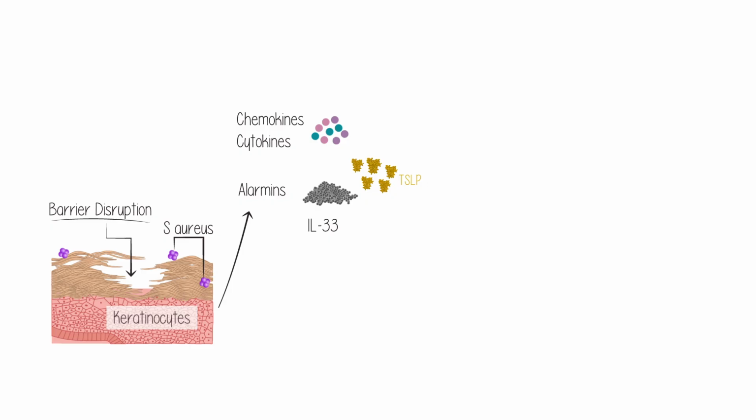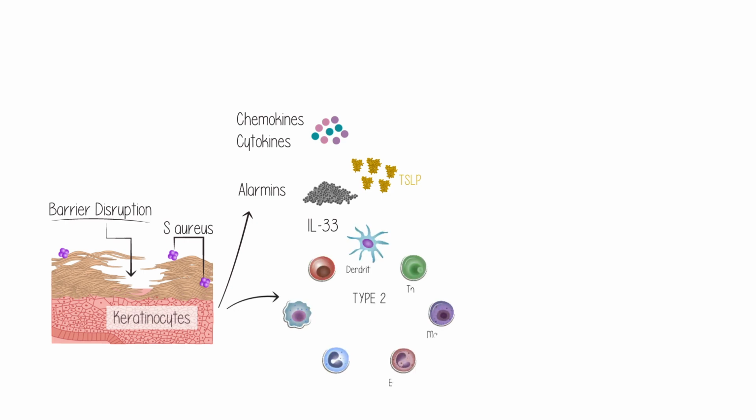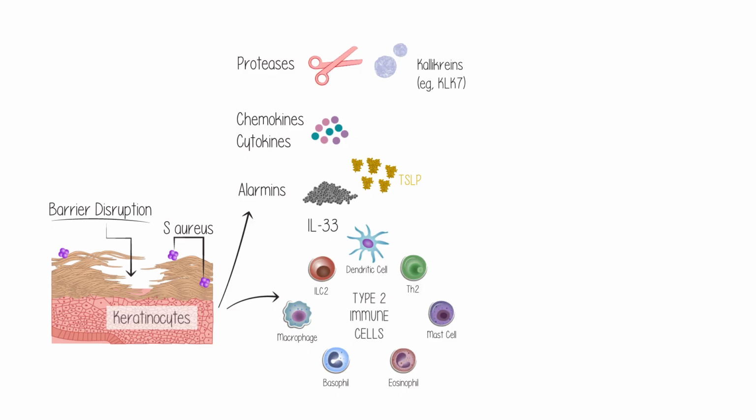These cascades can become dysregulated in diseases such as atopic dermatitis, leading to the excessive recruitment and further activation of immune cells in the skin. Additionally, proteases such as kallikreins become rapidly upregulated and hyperactive in the setting of barrier disruption, which can further degrade the barrier and activate other immune cells.